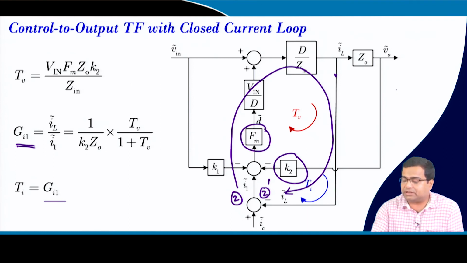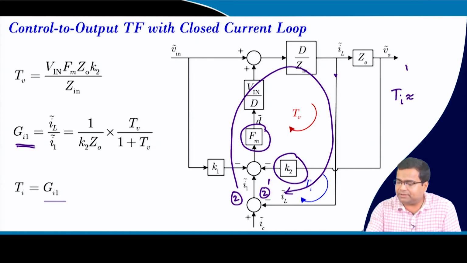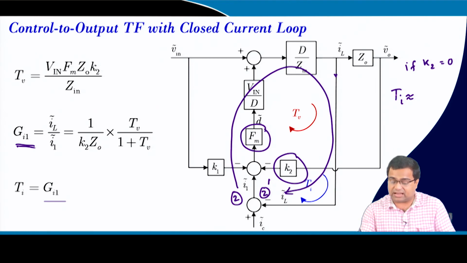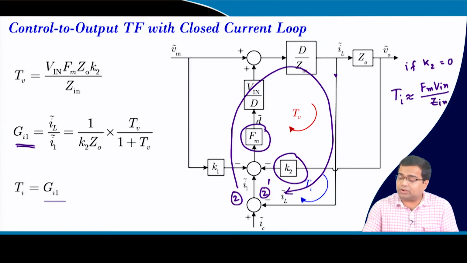That means the current loop can be approximated as if this K2 is set to 0, then the current loop transfer function is simply FM Vin by Zin, right.